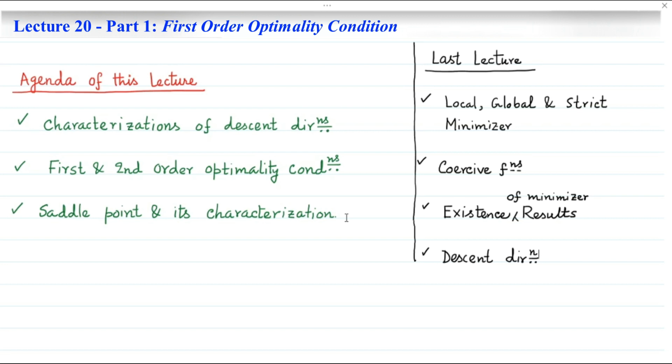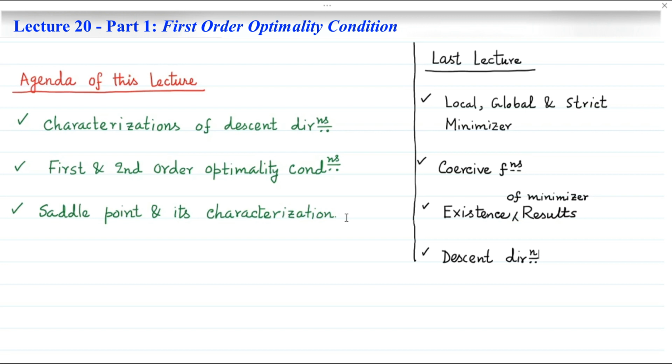Well, afterwards we were trying to identify the existence of a minimizer for a given unconstrained optimization problem. Towards this, we have discussed two particular results. Those were named as existence theorem 1 and existence theorem 2.